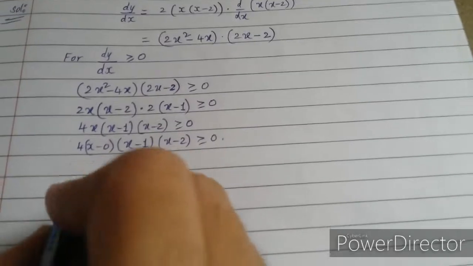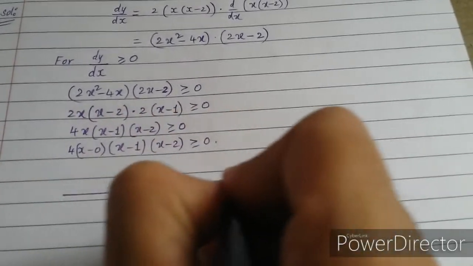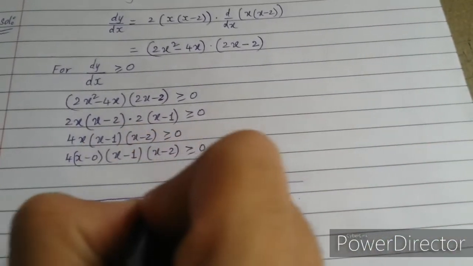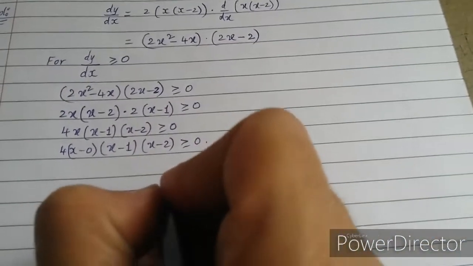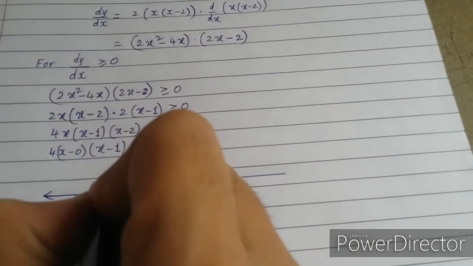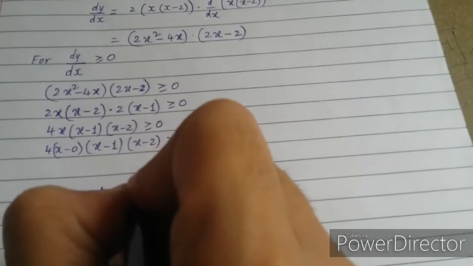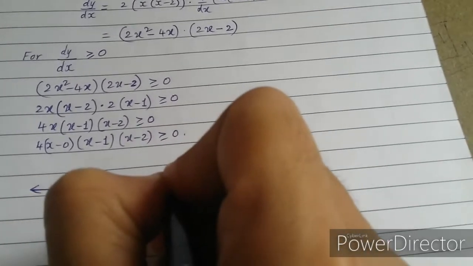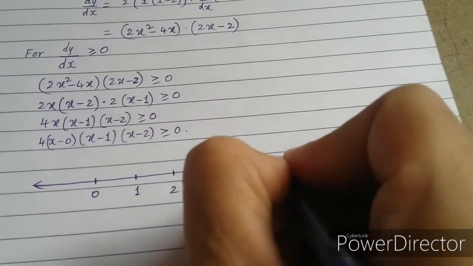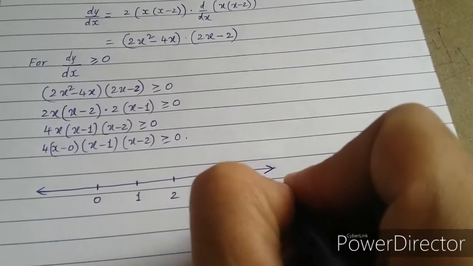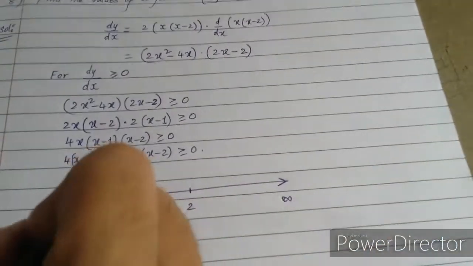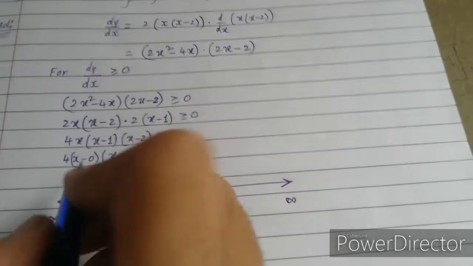See here a number line. Locate these points. First of all, 0, 1, 2. This is plus infinity and minus infinity.